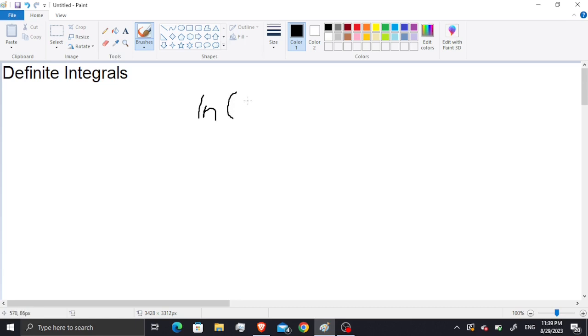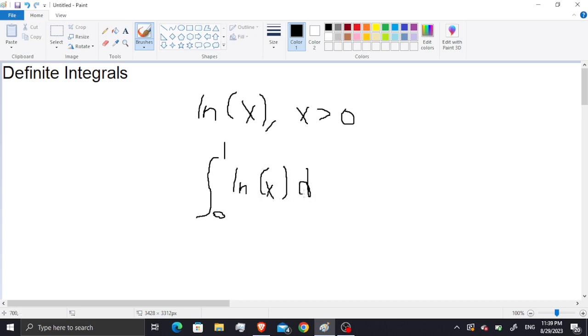And then you know that there's a domain. So log natural of x works, but only if x is greater than 0. Well, what you could do is set 0 as one of your bounds to 1, and then you could give them the integral of logarithm x dx.